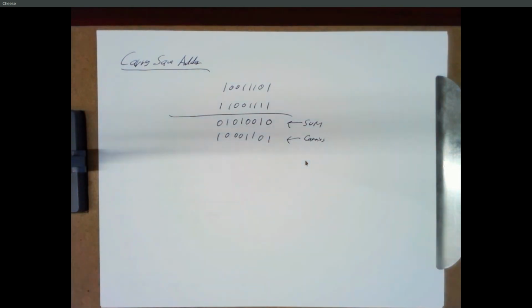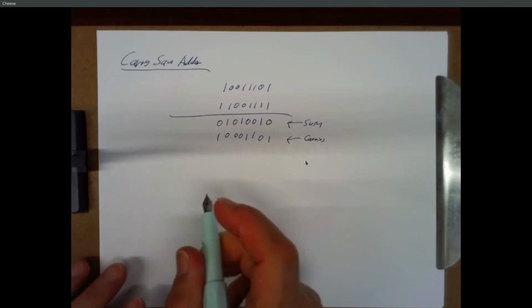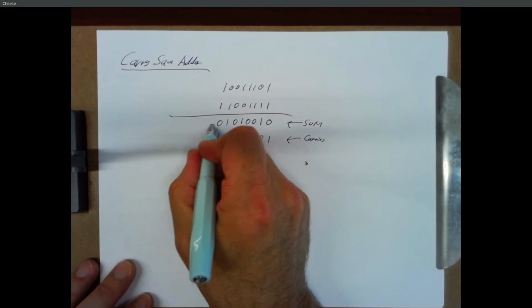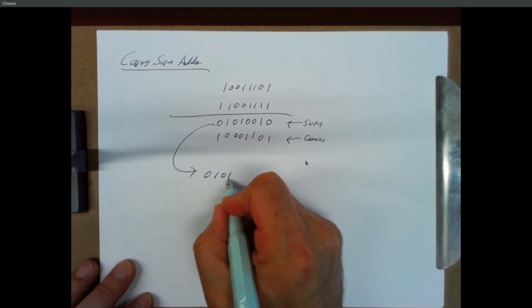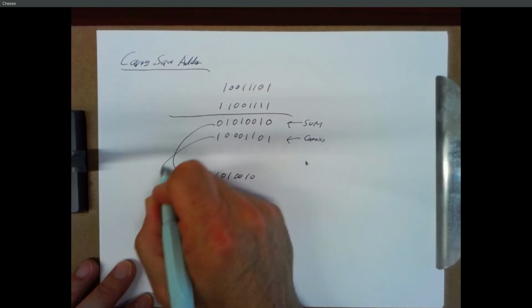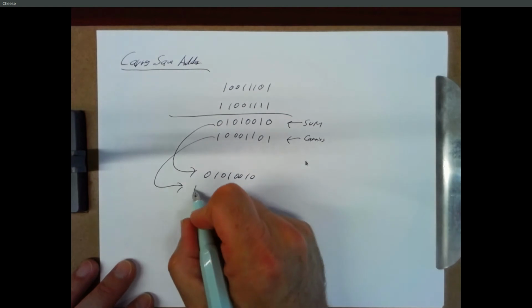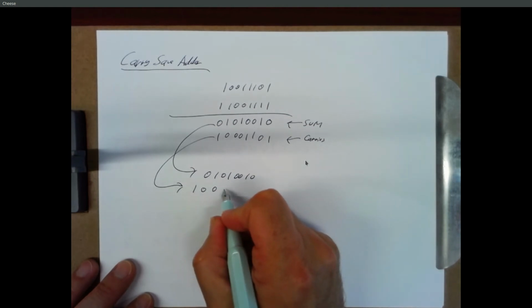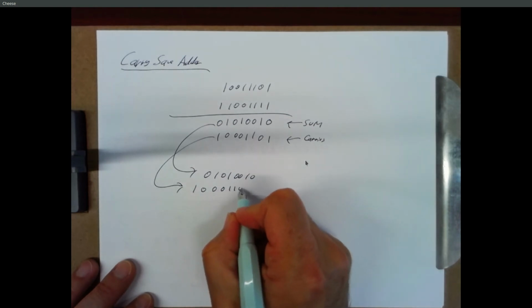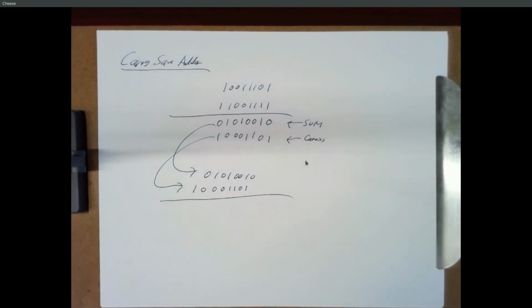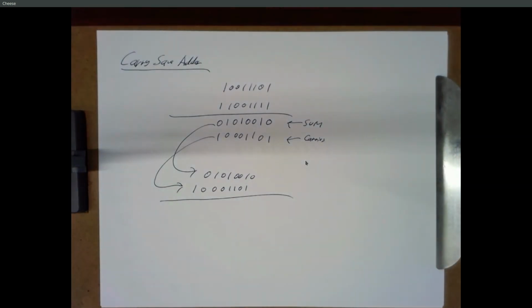Okay, well that doesn't tell us what the sum of our two numbers are, but if we were to take this number, and we were to take this number, shift it over one spot, and add those together using a traditional adder, we should get the sum of our two numbers.